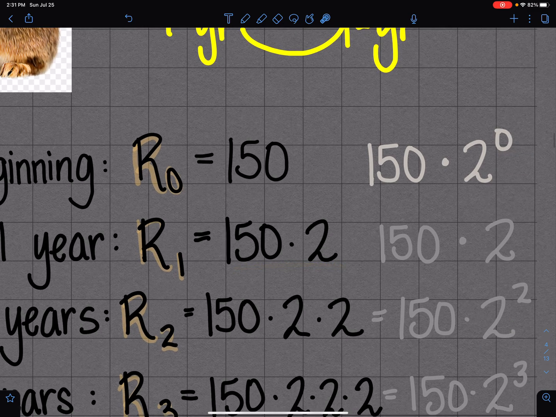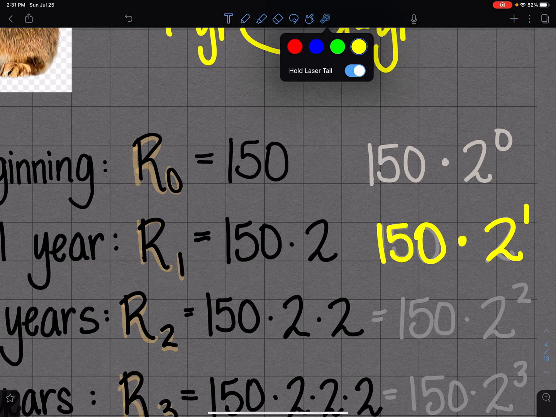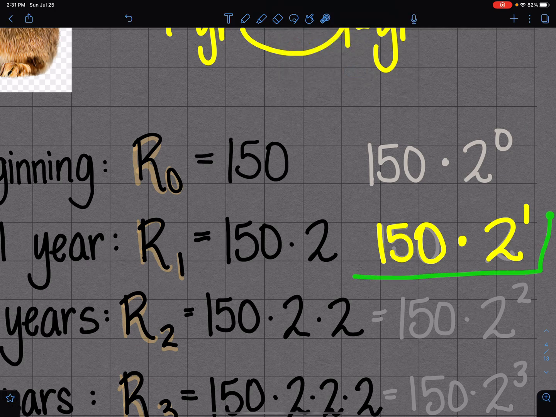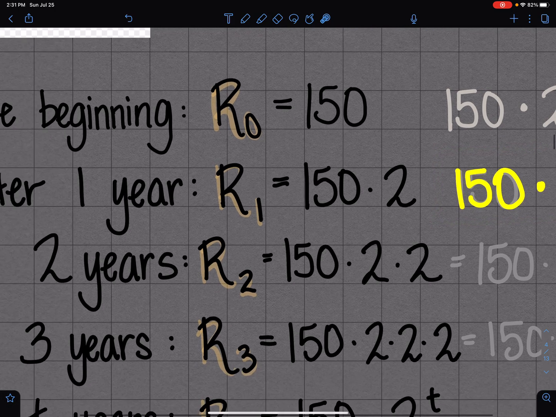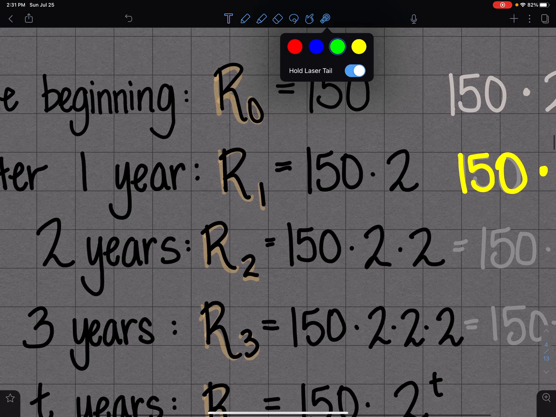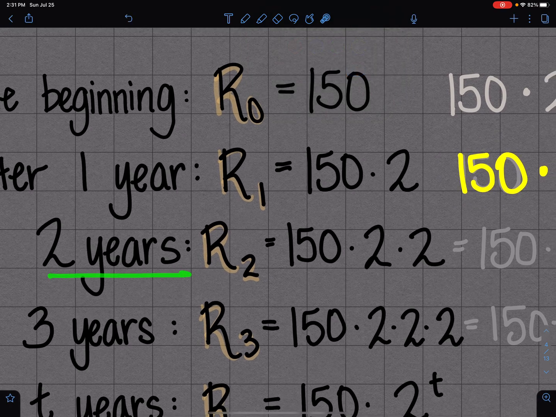So this is now 150 times 2. Now, I'm just going to write 2 to the 1, and I know that's not going to make a ton of sense right now, but you'll see the pattern in a minute, okay? Now, after 2 years, how many rabbits does he have after 2 years?